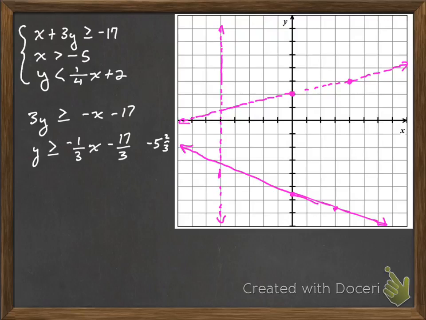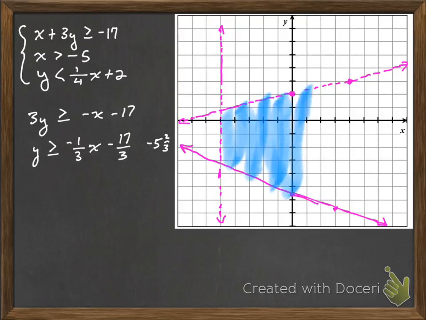And this inequality says everything that is less than that line. So now everything above this line, to the right of this line, and below this line would be this region right in here. So that's what we will be shading.